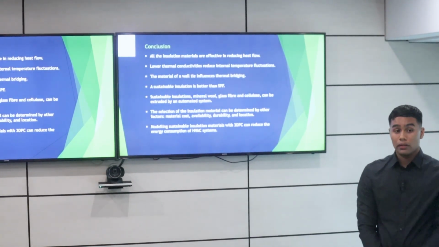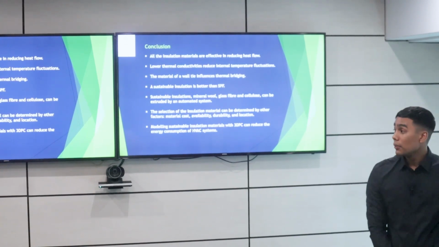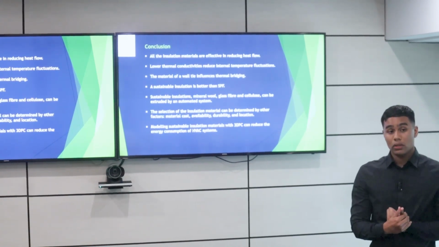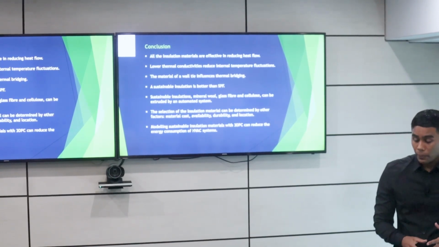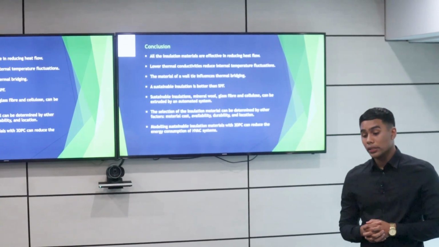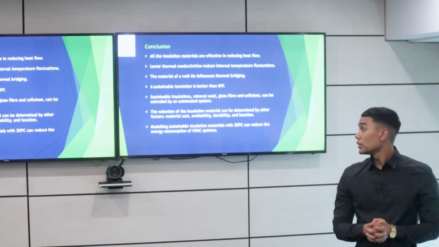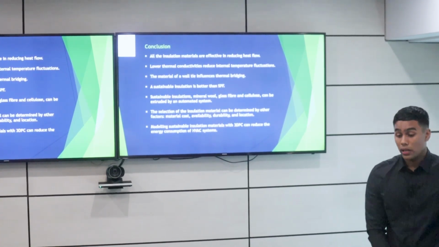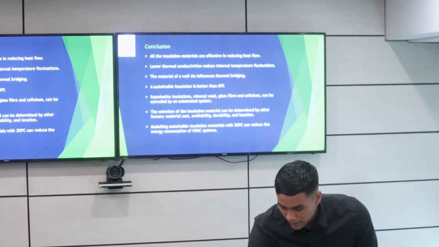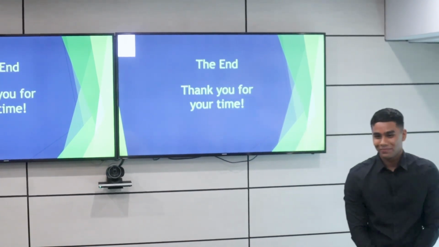The selection of an insulation can be determined by other factors such as material cost, availability, durability, and location. And finally, modeling sustainable insulations with 3D PC structures can reduce the energy consumption of heating, ventilation, and air conditioning systems. Again, thank you.